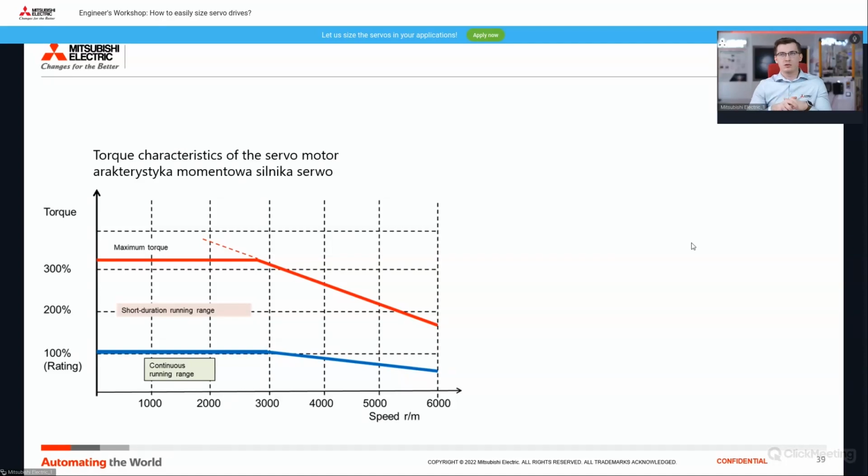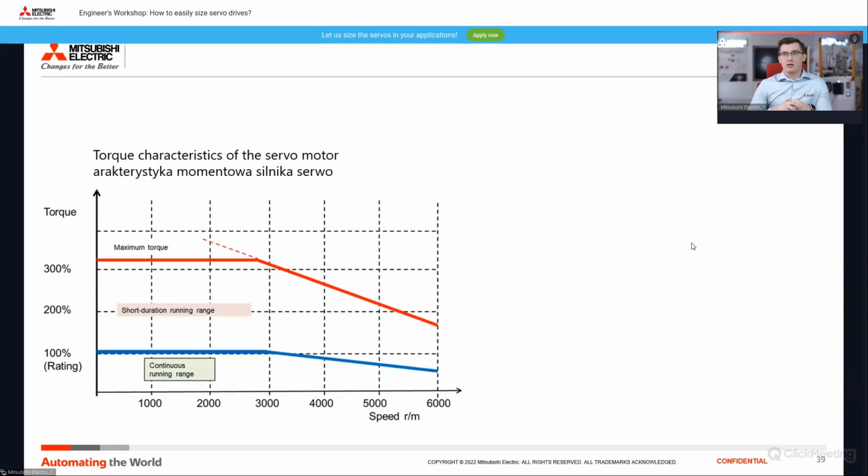And as you can see, this is also a torque characteristic, but it contains the second part of the characteristic, the overload. In this characteristic, you have the continuous running range below, and in the upper part, the short duration running range. The continuous running range is up to the rating of the motor, so up to the rated torque of the motor, and everything above is overloading. So we can overload the motor.